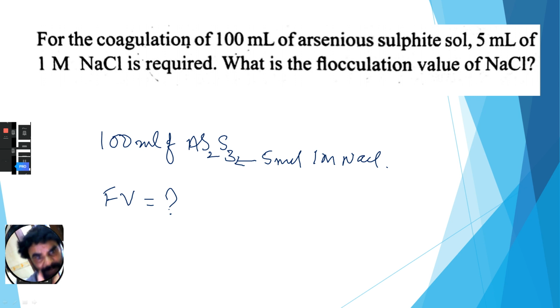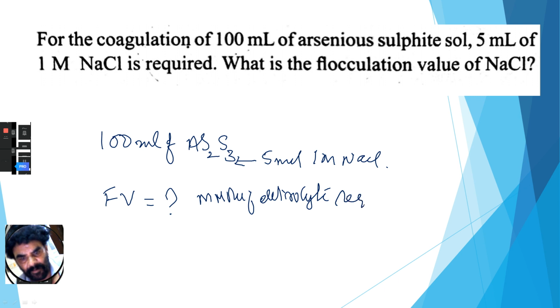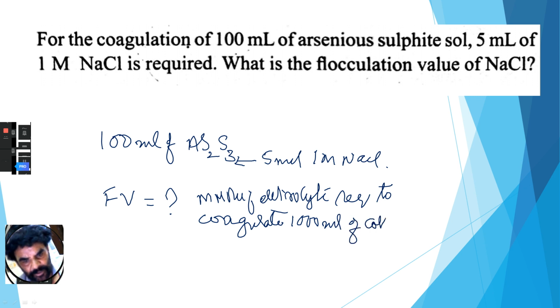The flocculation value is the number of millimoles of electrolyte required to coagulate 1000 ml, that is 1 liter, of a colloidal solution.